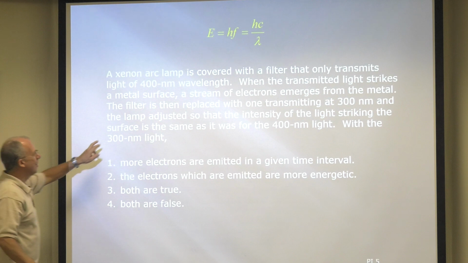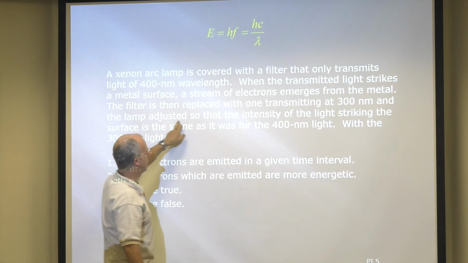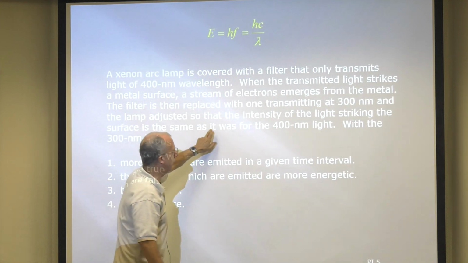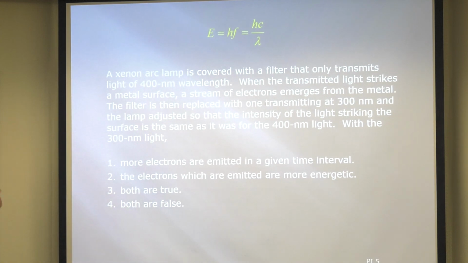The filter is then replaced with one transmitting at 300 nanometers. The lamp is adjusted so that the intensity of the light striking the same surface is the same as it was before. With 300 nanometer light, what's going to happen? You have the same intensity, but the photons have greater energy because the frequency is increased. So what does that mean? Pause your video and figure it out.